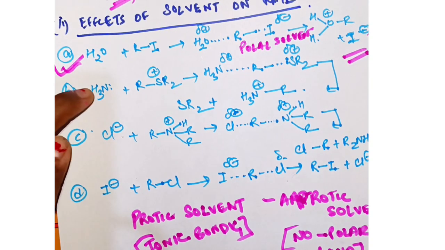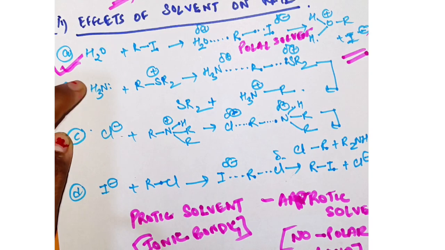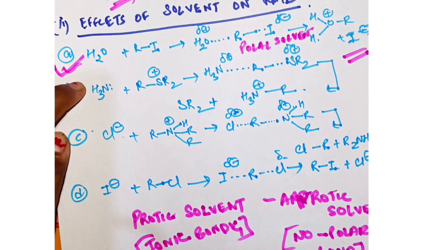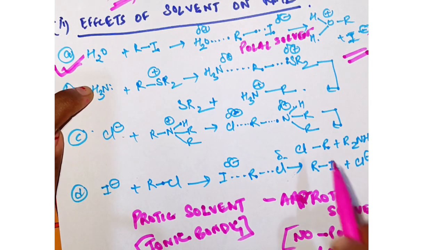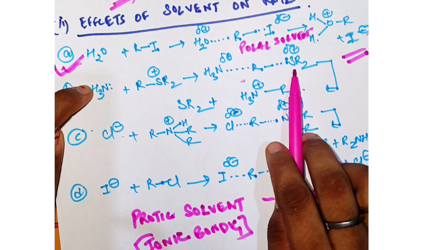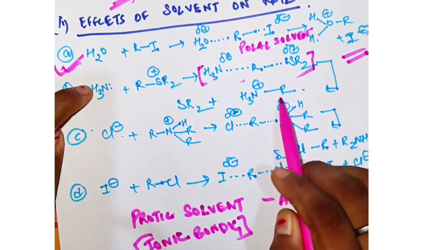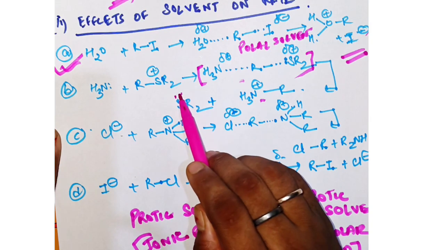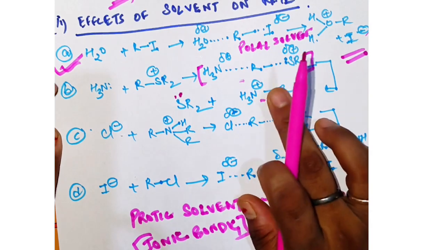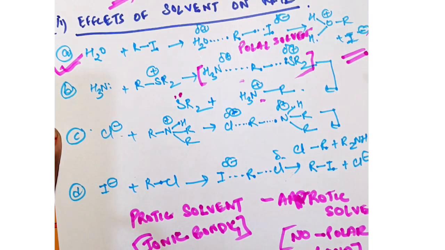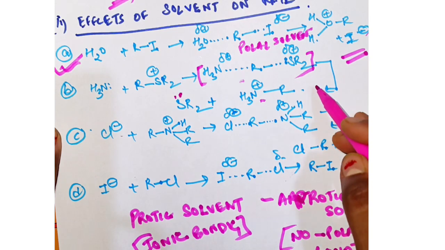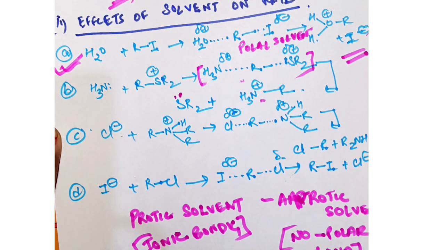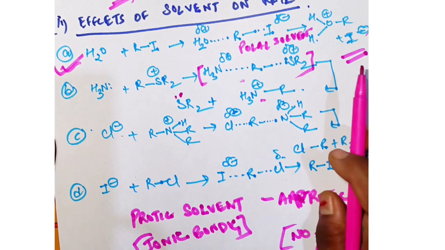Whereas in case B, the attacking nucleophile is a neutral species. Here, in this step there is no formation of a carbocation, and a neutral species is going out. So in this case the effect of a polar solvent will not be much. If you increase the polarity of the solvent, the SN2 reaction rate will not increase much; there will be no change in the rate.